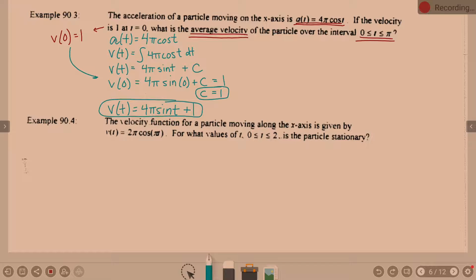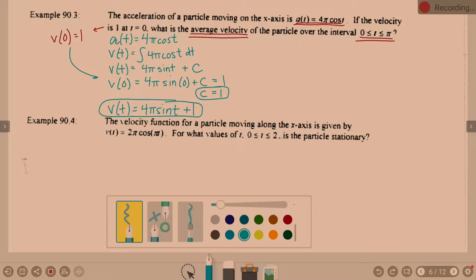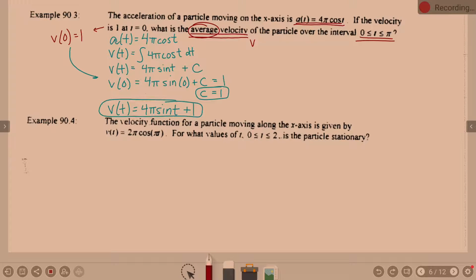Average. I taught this via video, didn't I? I said you will randomly see average pop up in calc problems, and often then they are looking for an average value. There we go. Average velocity, how do I have to set this up?